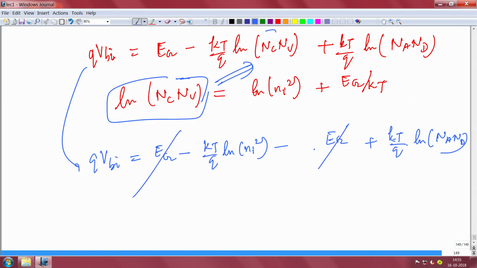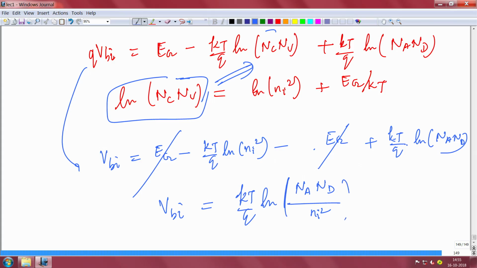This cancels out, so VBI, because there is a Q already here, will be equal to kT by Q ln of Na, doping on the p side, times Nd, doping on the n side, by Ni square.